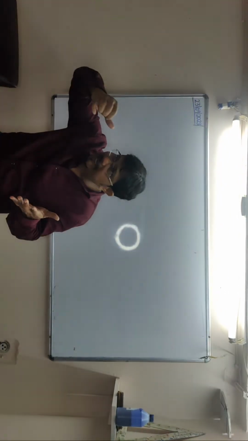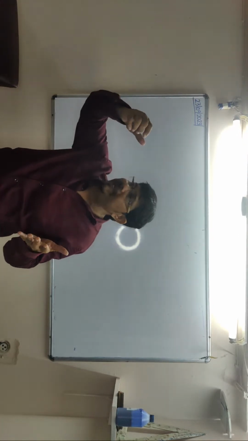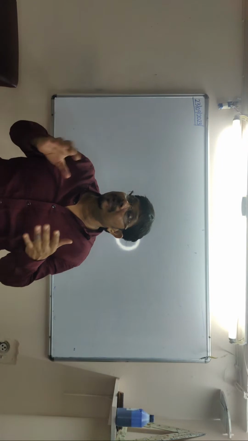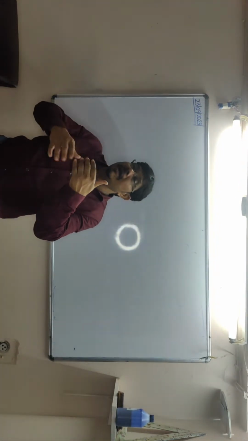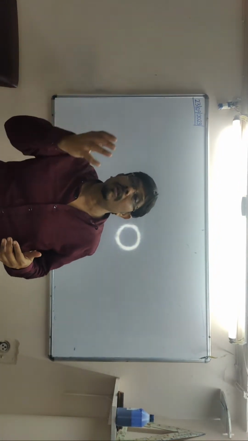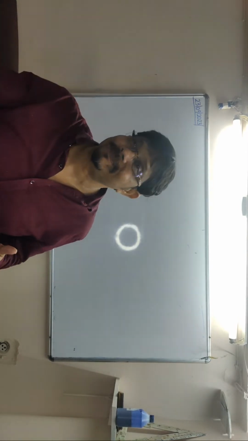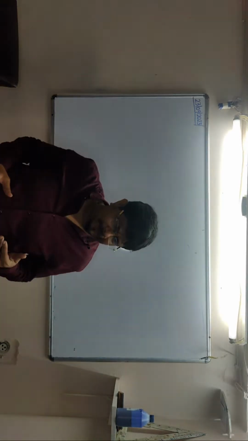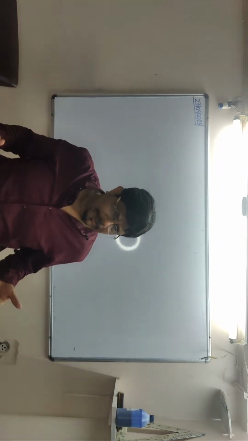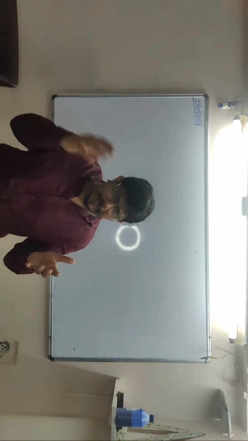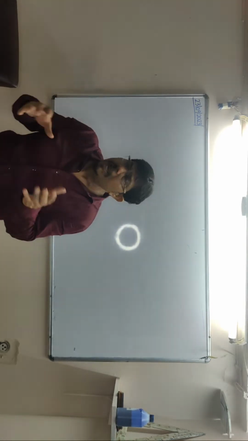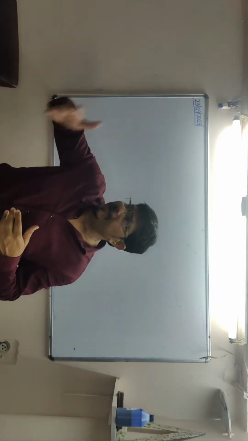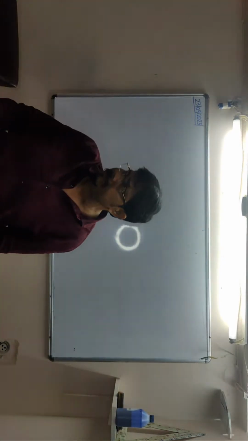As you are increasing the intensity of light, the number of electrons ejected per second will increase. Got it? If you keep one candela, 100 electrons per second will be ejected out, and the next second again 100 electrons, and so on.